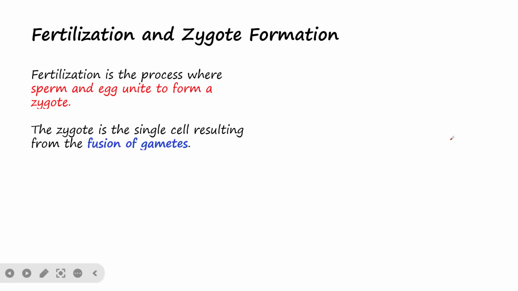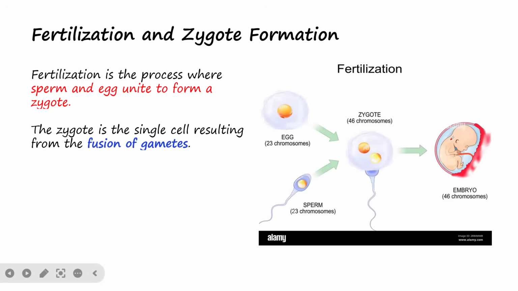So the zygote is a single cell resulting from the fusion of gametes. When the sperm cell and egg cell come together and unite, they form a zygote, and the zygote itself is a single cell. Let's see from the image here.